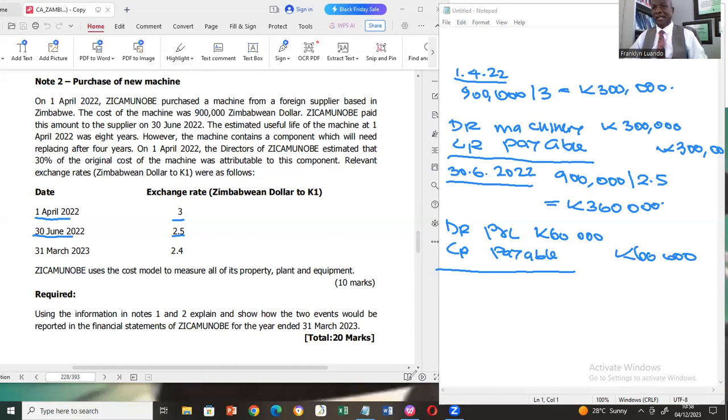A complex asset is one which has different components with different expected useful lives, and the depreciation must be calculated for each component. So now we go to the one which has 4 years.